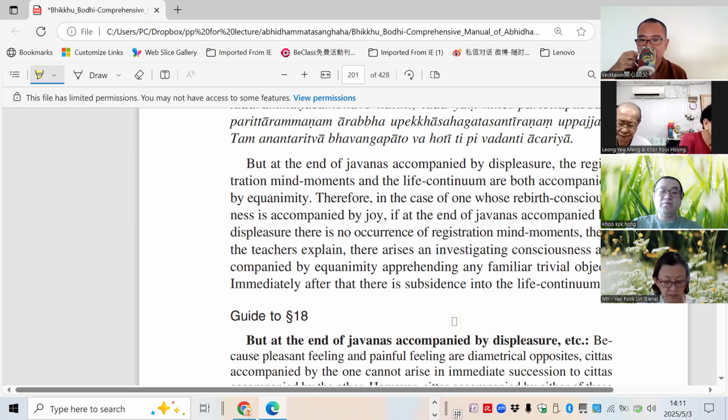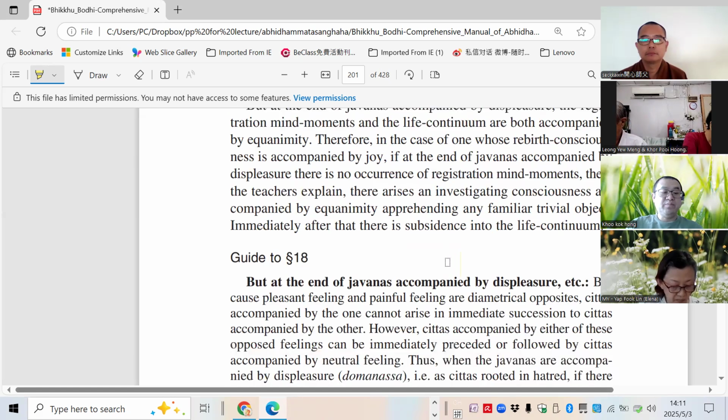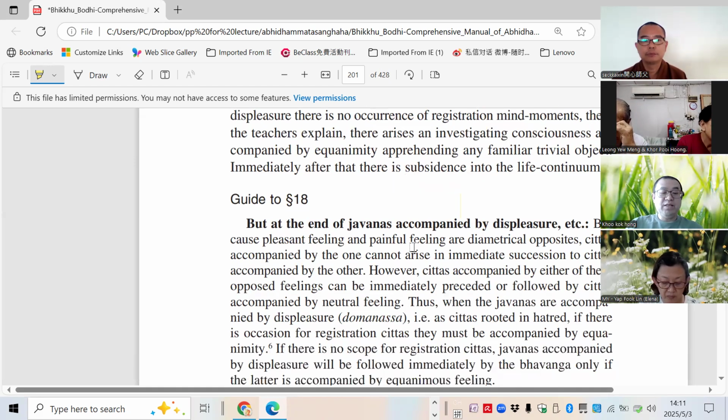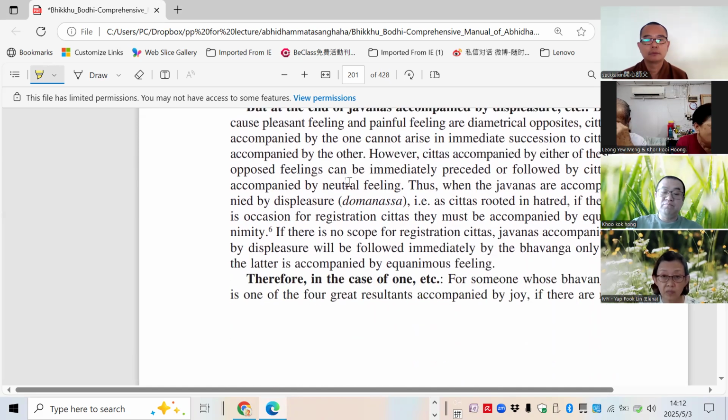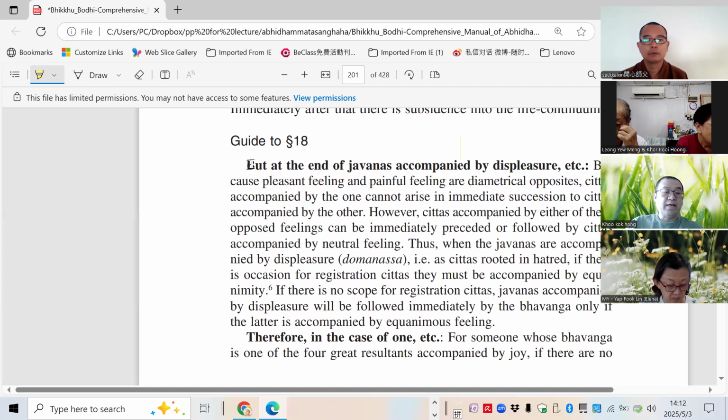Therefore, in the case of one whose rebirth consciousness is accompanied by joy, if at the end of javana accompanied by displeasure there is no occurrence of registration mind moment, then the teacher explained, there arises an investigating consciousness accompanied by equanimity, apprehending any familiar, trivial object. Immediately after that, there is subsidence into the life continuum. Guide, page 18.